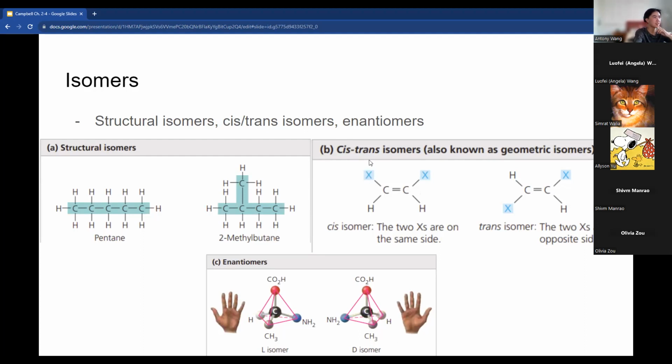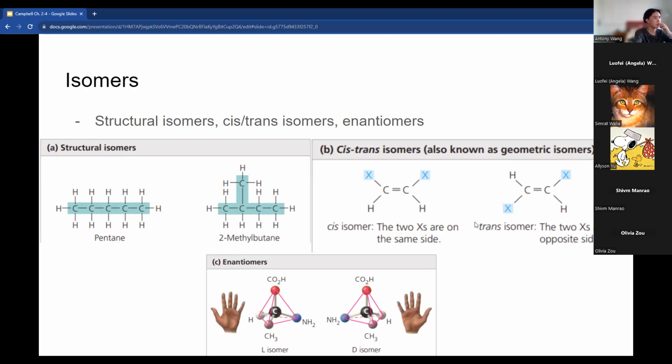A cis isomer is a version of the molecule where the two groups, like these 2 X's, which can represent almost anything, are on the same side of the double bond. In this case, they're both above the double bond. A trans isomer is the case where they're on opposite sides. I don't really know how else to explain that, but I think the diagram is pretty self-explanatory.